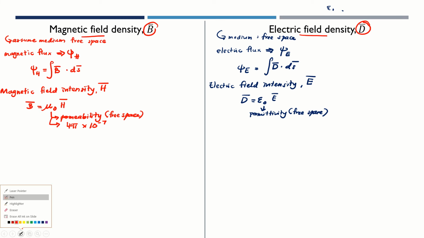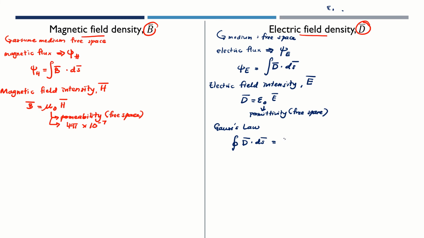Okay. And next, for the electrostatic field, what can we say for the Gauss law? We can say that the closed integration of D dot dS is equal to Q enclosed.